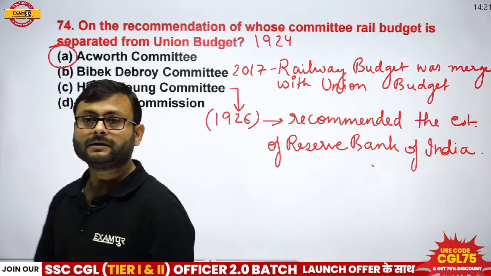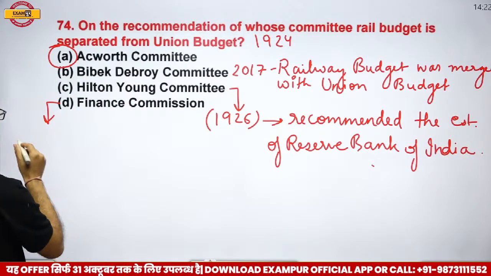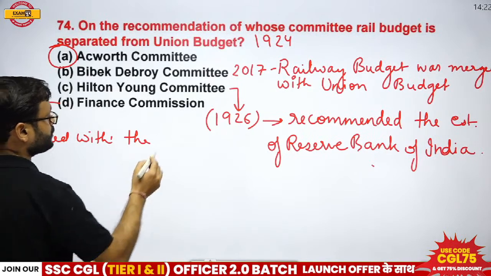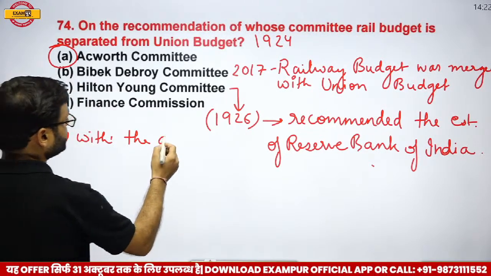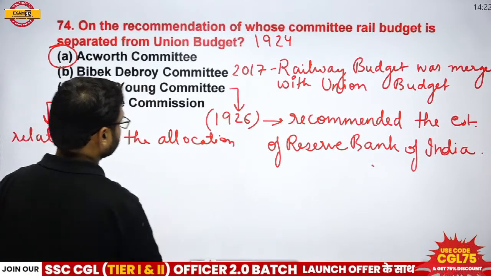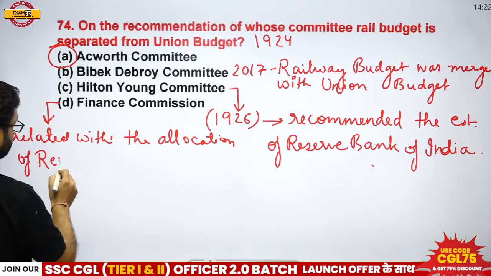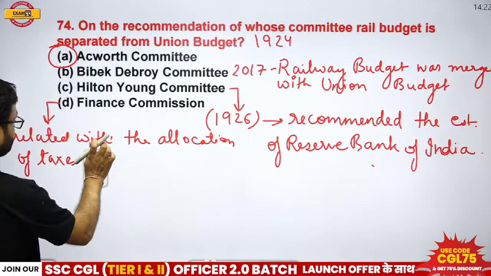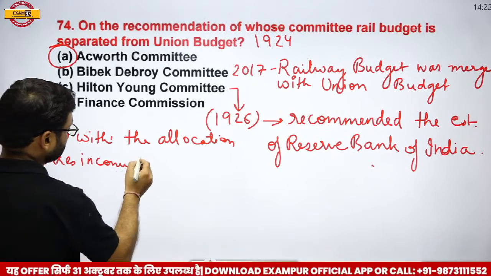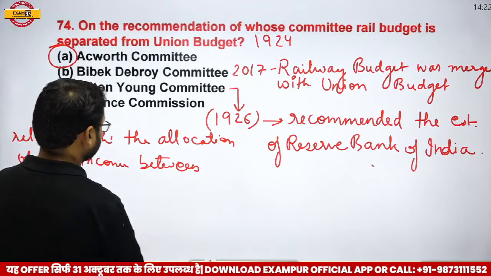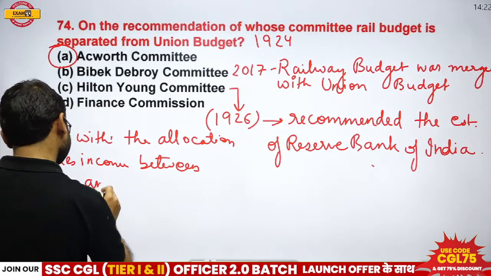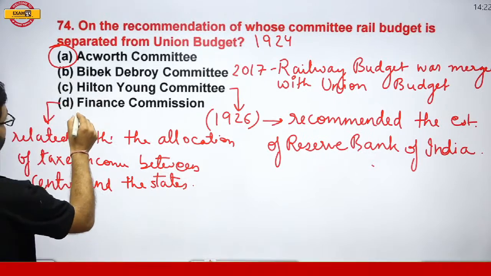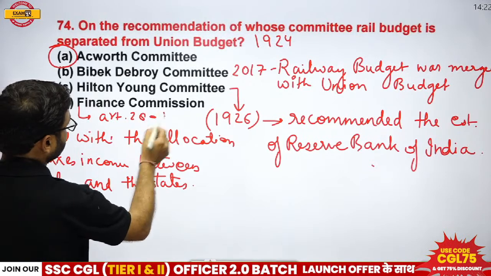And the Finance Commission is related to the allocation of taxes, or revenue, between the center and the states, and it is under Article 280 of the Constitution.